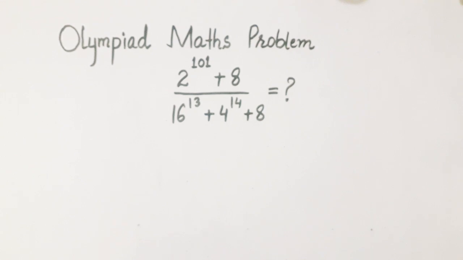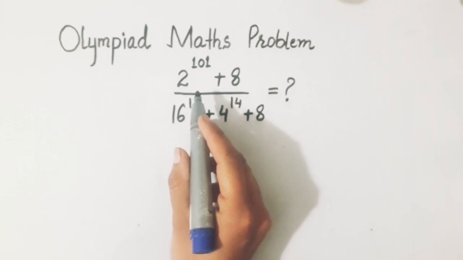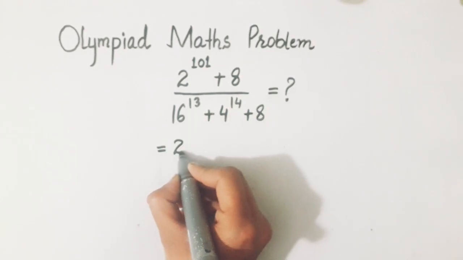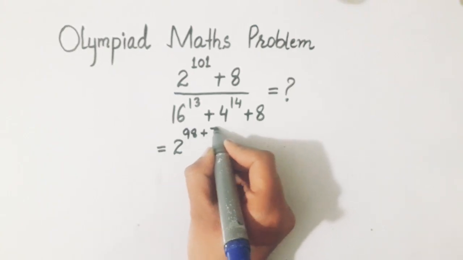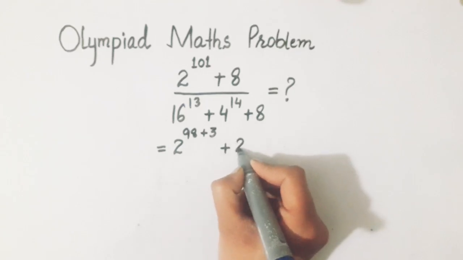We can write 101 as 98 plus 3, and 8 can be written as 2 raised to power 3.